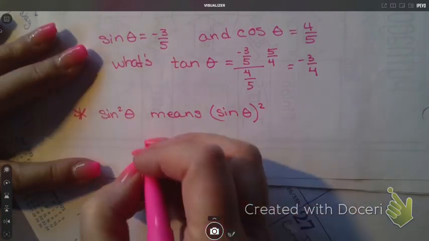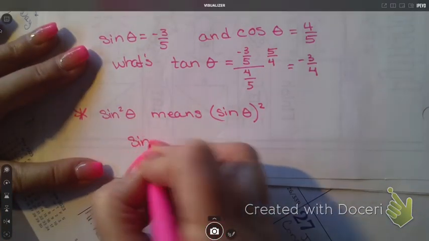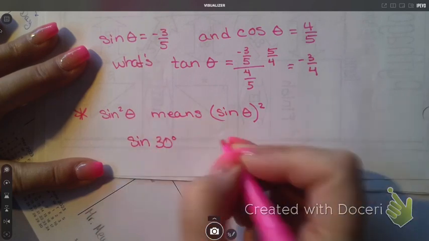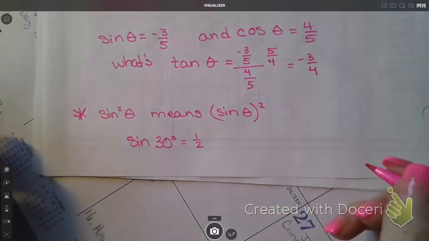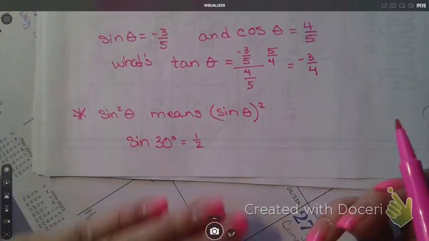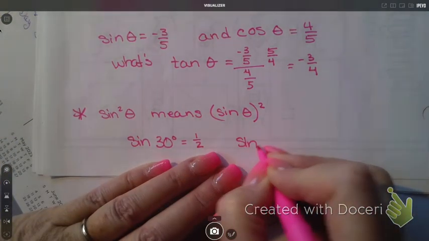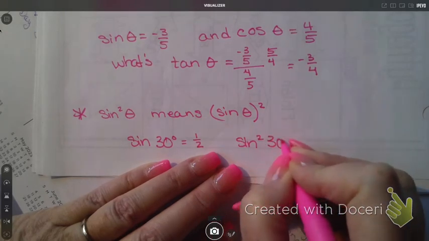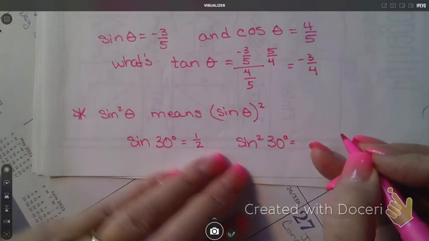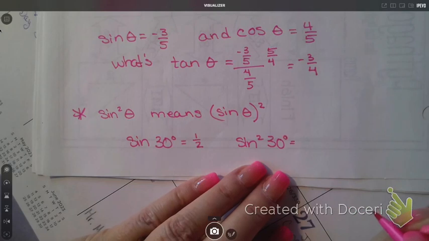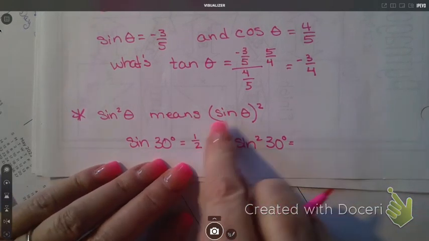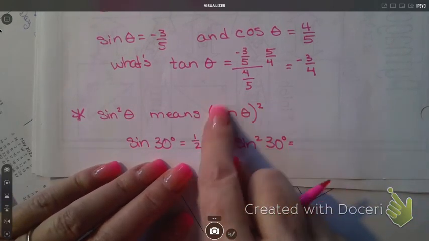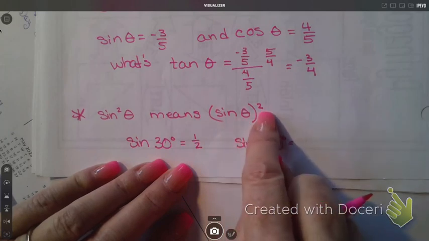Okay, so I'm going to tell you that the sine of 30 degrees equals 1/2. That's what it equals. So the sine squared of 30 equals what? Well, the sine of 30 equals 1/2. So I'm going to take my answer and do what with it? Square it.